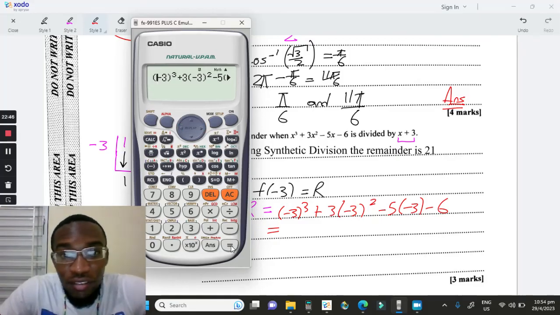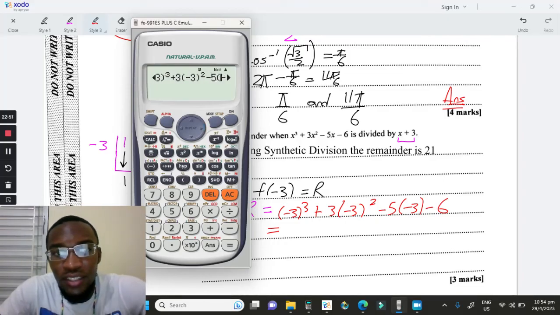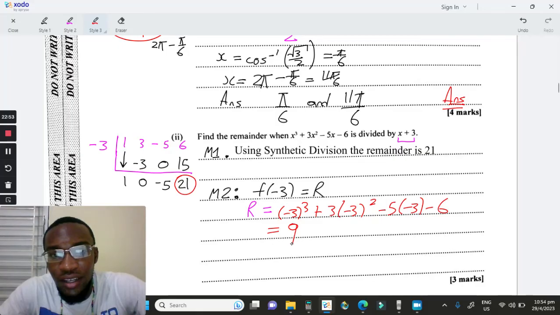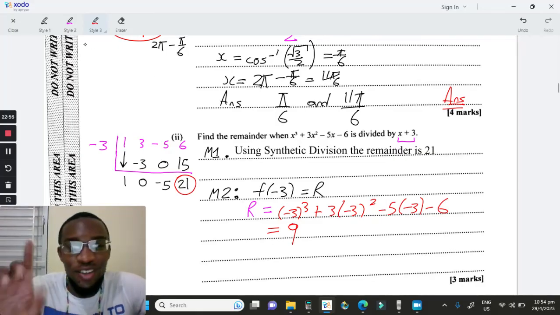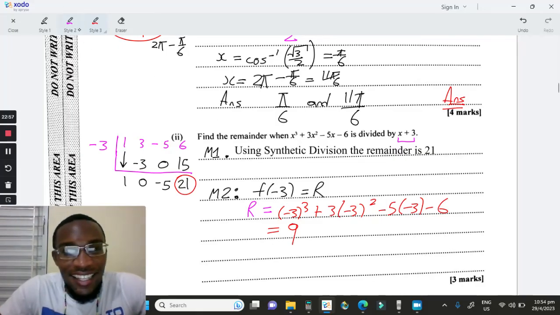So that means I've made a mistake somewhere because this is saying the remainder is 9. I hope you guys would have seen the mistake. The remainder is not 21. Right here is a mistake. The coefficient wasn't 6. This is supposed to be negative 6. And negative 6 plus 15 is 9.